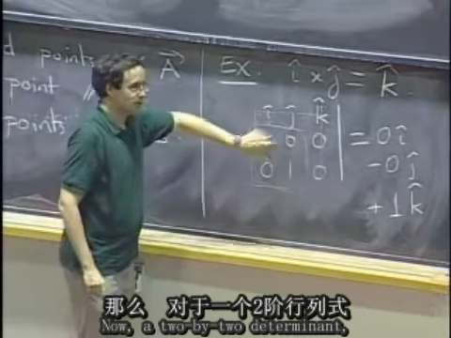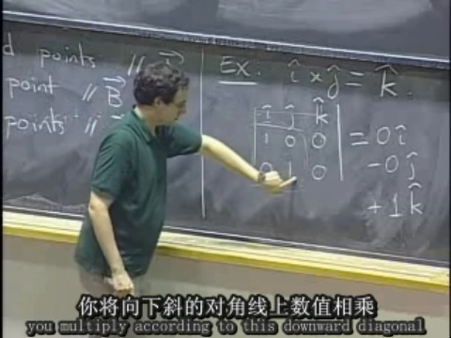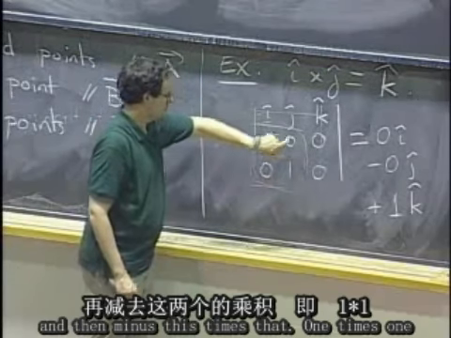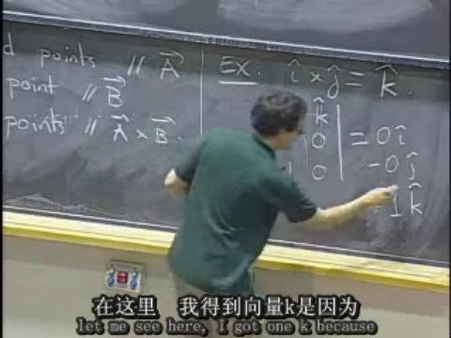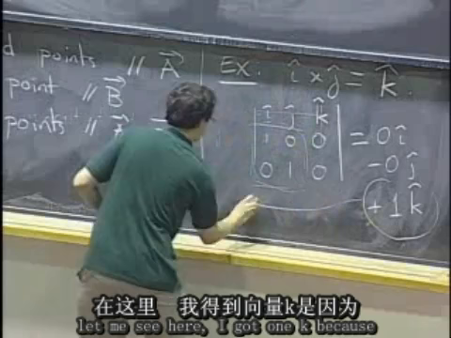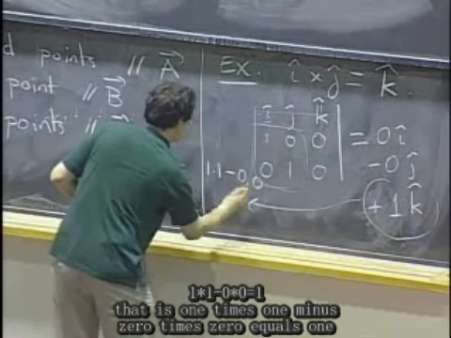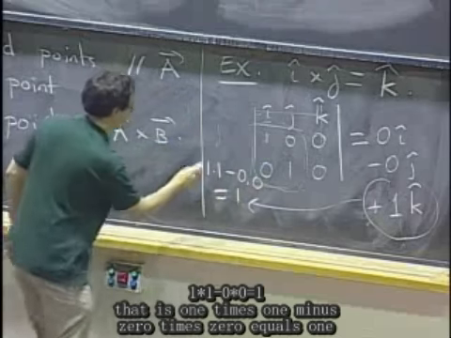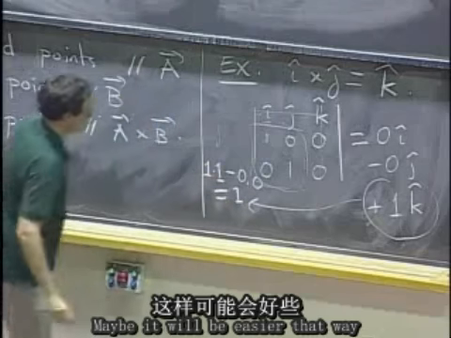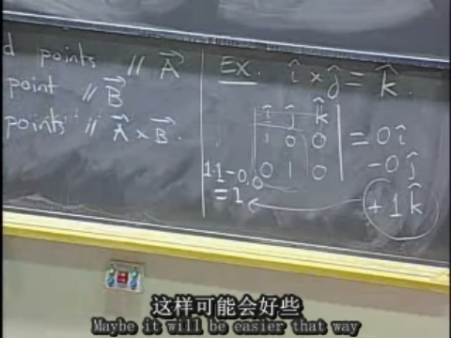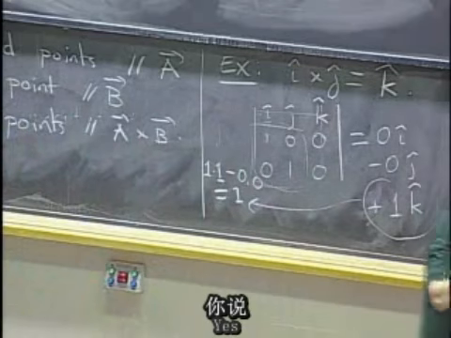Now a 2 by 2 determinant, you multiply according to this downward diagonal and then minus this times that. Okay, so 1 times 1, I got 1K because that's 1 times 1 minus 0 times 0 equals 1. Sorry, that's really hard to read. Maybe it will be easier that way. Okay. Yes?